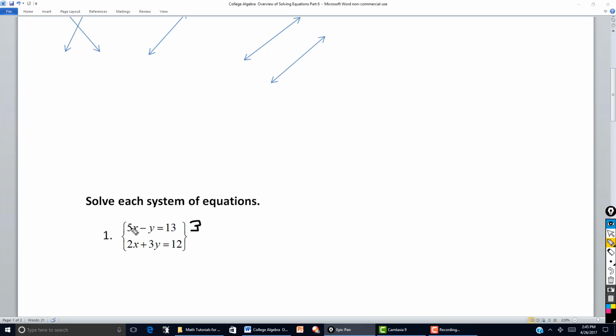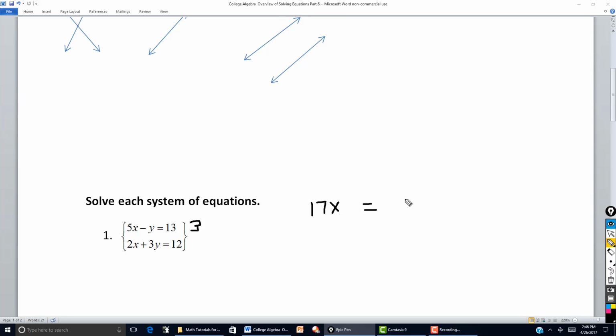So 3 times the 5x is the 15x, and 2x is 17x. Okay. And then 3 times the minus y is minus 3y, but if I add that to the 3y, that cancels. So that's 0. I'll just leave it out. And then 3 times 13 is 39.